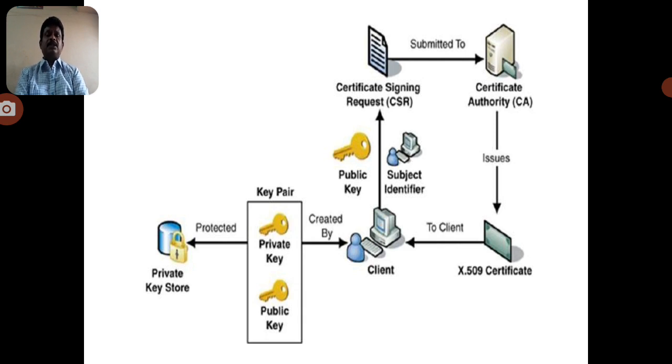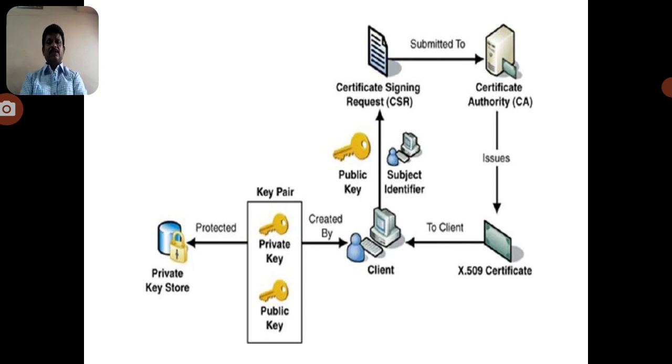Once the certificate registration is confirmed, how the public key is registered should be completed with the help of the public key only, because the public key can be distributed anywhere. That's why the client can send the public key in that request, that is a certificate signing request. That request can be submitted to the certificate authority.